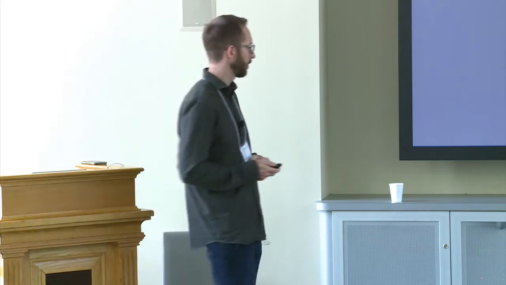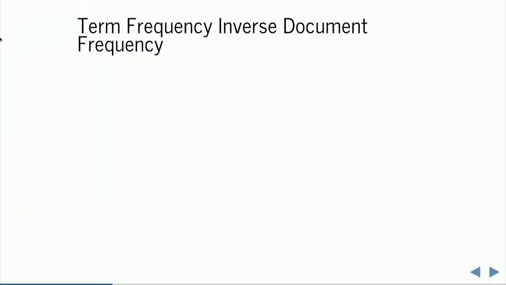One thing we often want to do at this stage is not only identify common words, but create metrics that allow us to reward or weight the appearance of unusual words. One way we very often do that is to calculate a metric called the term frequency inverse document frequency, very often abbreviated as TF-IDF.